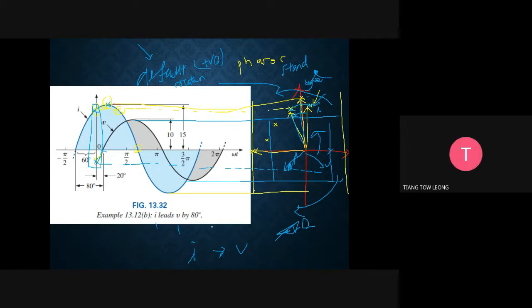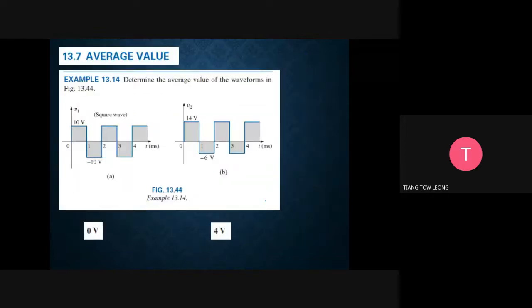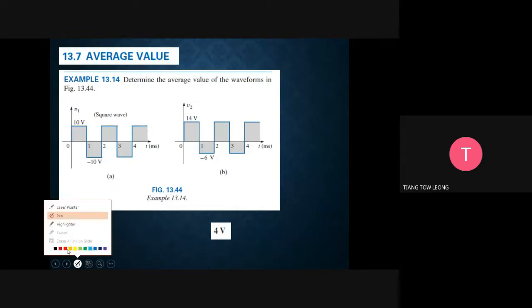Okay. So which means now I is leading V. This is how we see. So we have two types to see. One is a signal diagram. One is a phasor diagram. So this is how we see it, but just a refresher only.